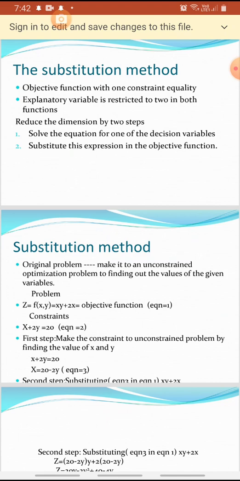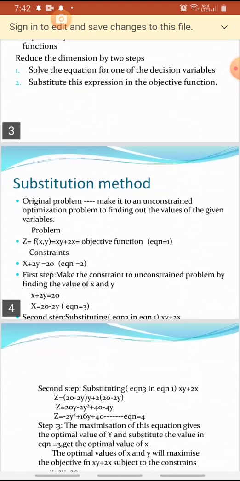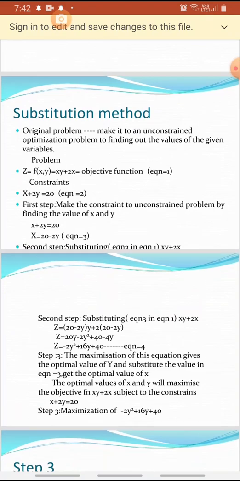Under this method, the original problem is made into an unconstrained optimization problem to find the values of the given variables.